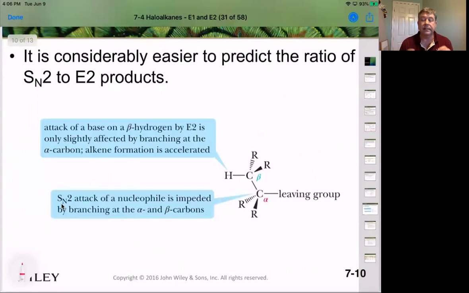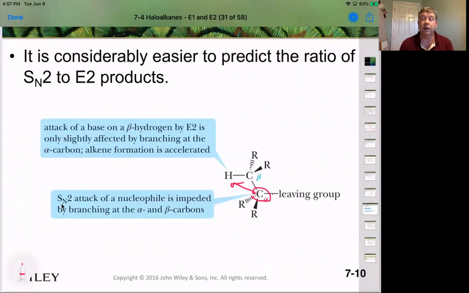Okay, it's considerably easier to predict the product ratio for SN2 and E2 products because we only have a concerted reaction. It's based on the nucleophilicity of the attacking group and the ability of the group to leave. Okay, so in this case, attack of the base on the beta hydrogen by E2 is only slightly affected by the branching of the carbons because it's one carbon away from where the leaving group is.